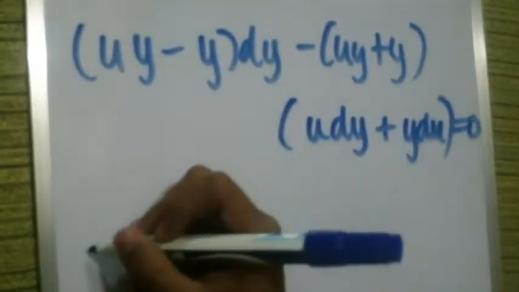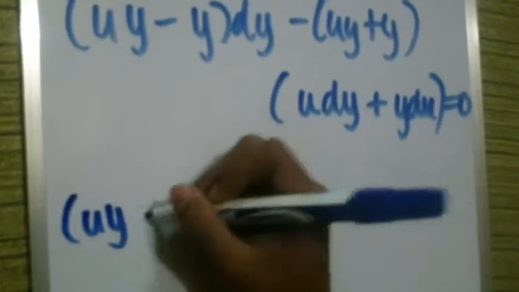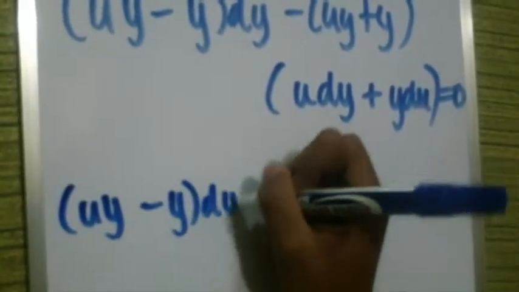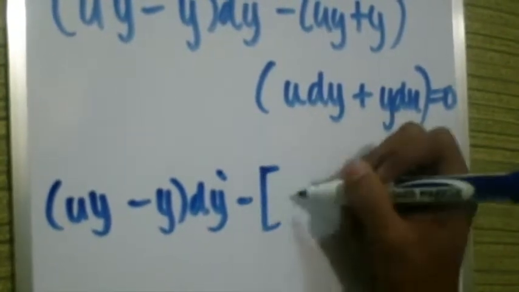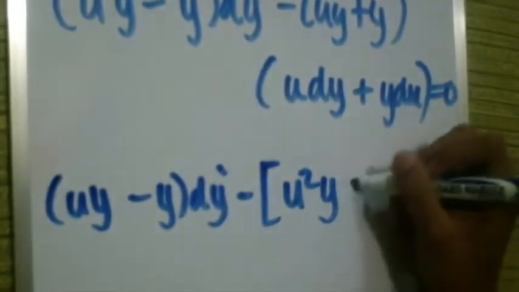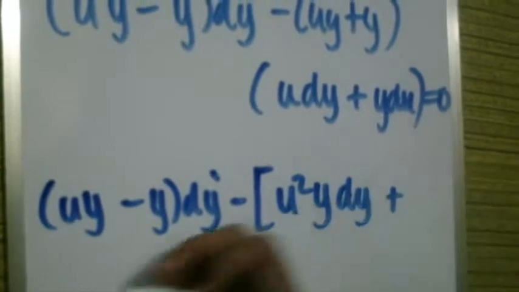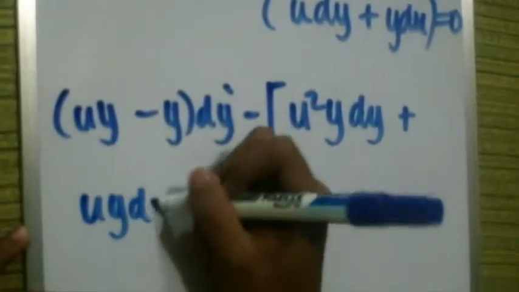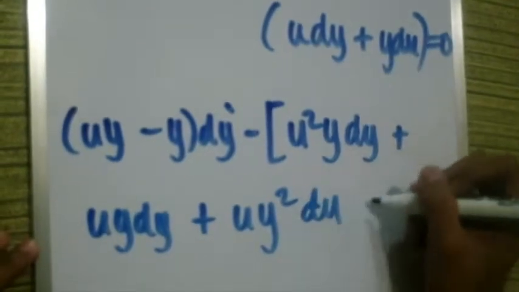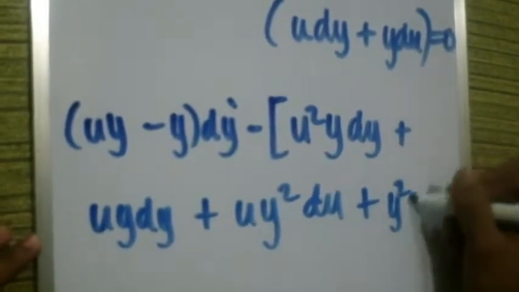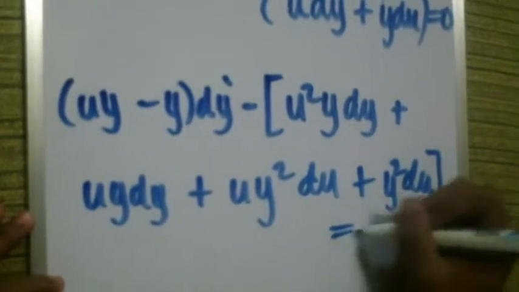We distribute this, so uy minus y dy minus u squared y dy plus uy dy plus uy squared du plus y squared du is equal to 0.